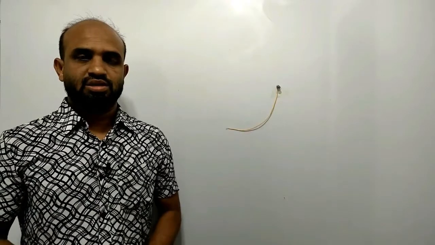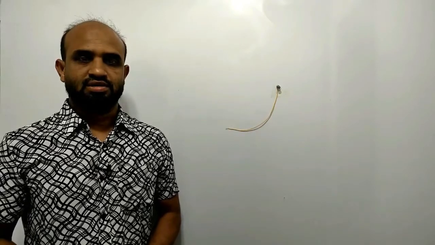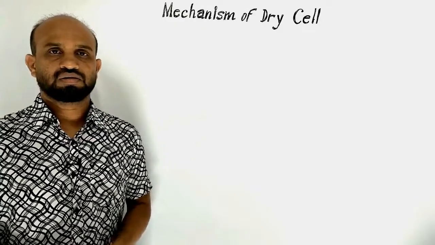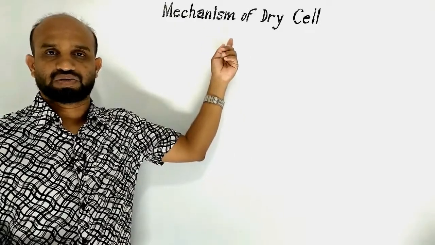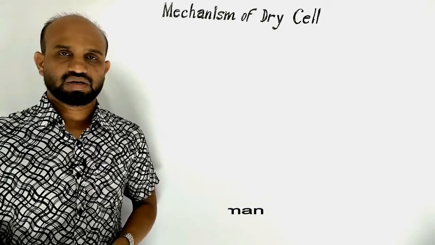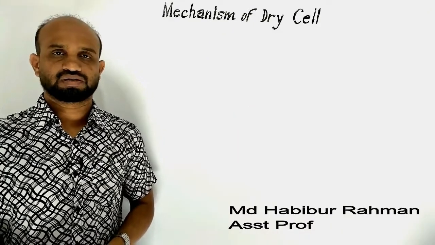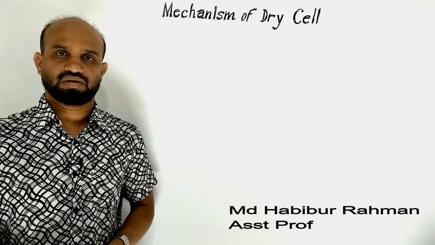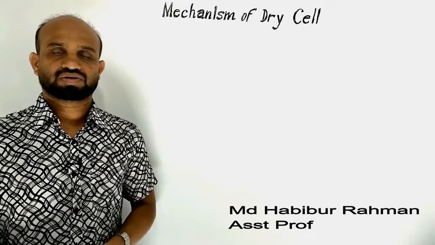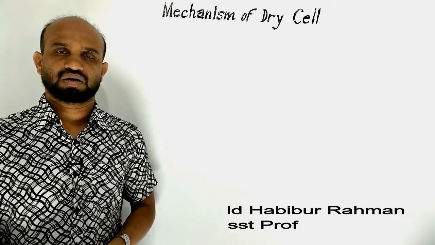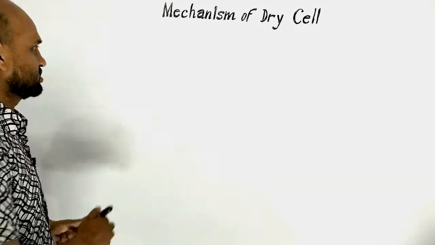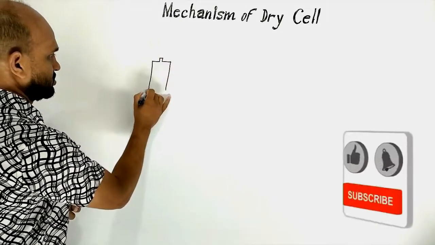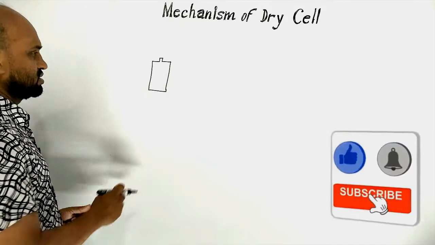Let's see the matter theoretically. Today's lesson: mechanism of dry cell. A dry cell is a kind of electrochemical cell or galvanic cell. First of all, let's try to draw a schematic diagram of the dry cell. This is the dry cell.